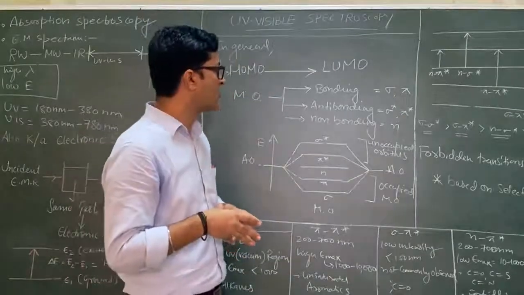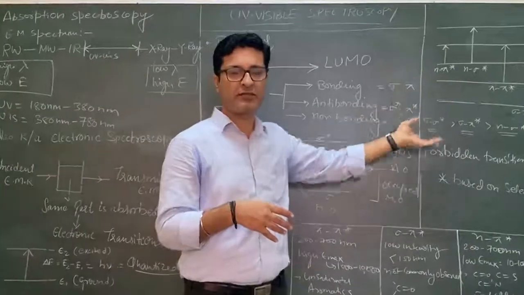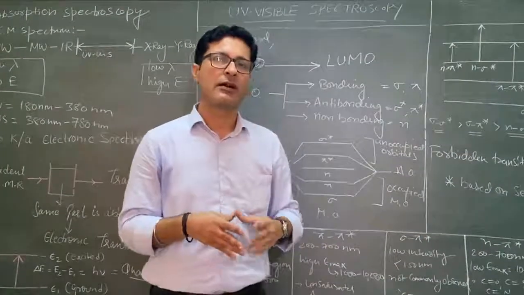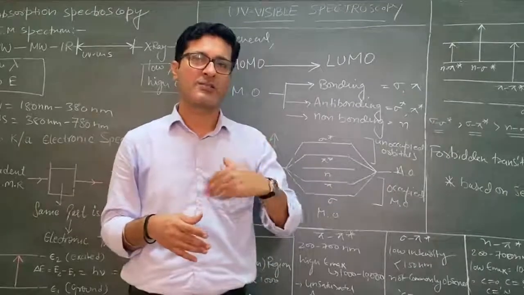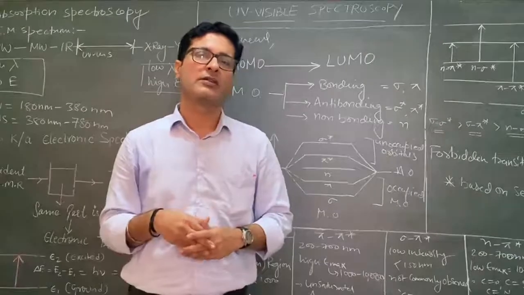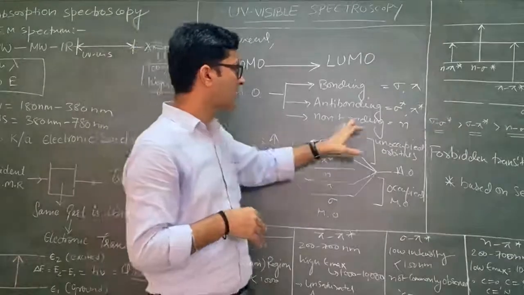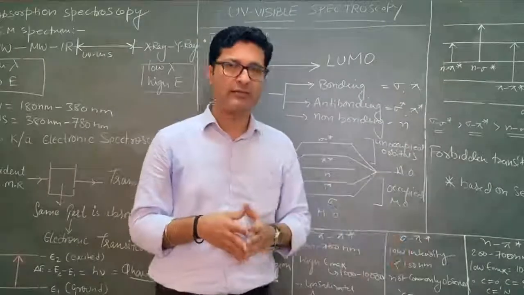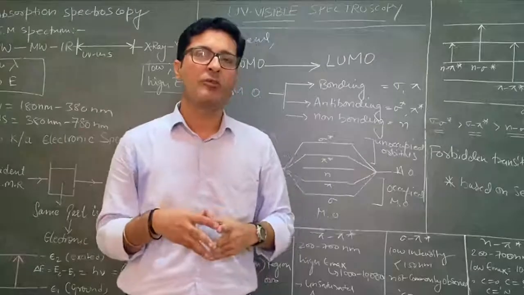In organic molecules, bonding electrons are either sigma electrons or pi electrons, and their corresponding anti-bonding orbitals are sigma star and pi star. The non-bonding electrons, designated as n, are the lone pairs present over some heteroatoms.